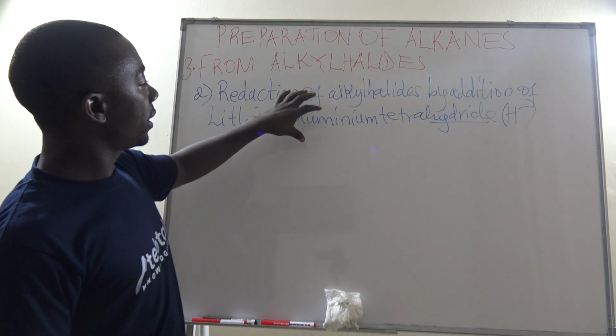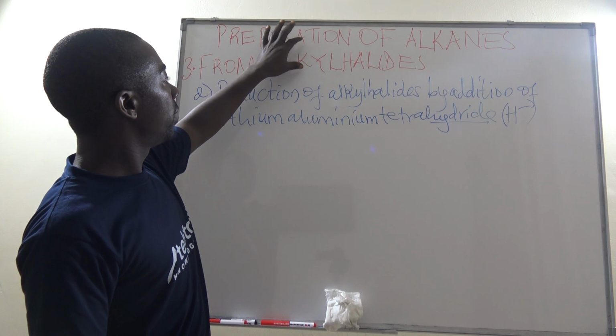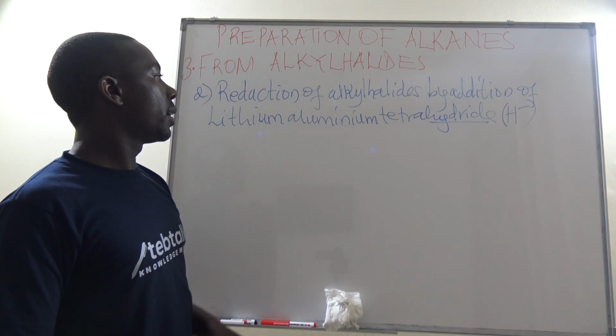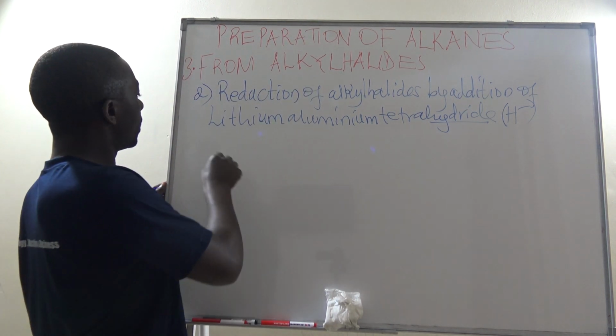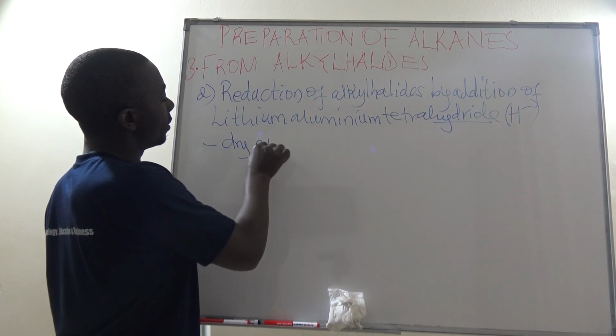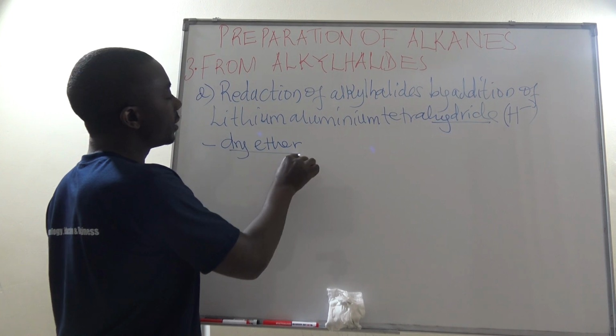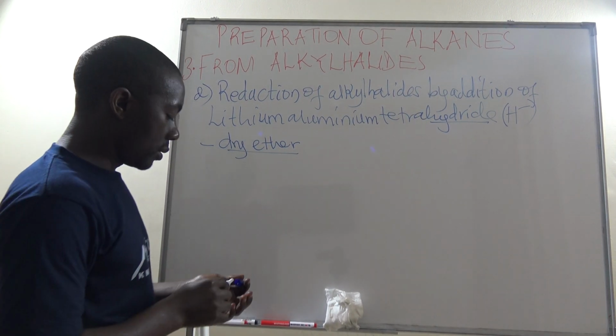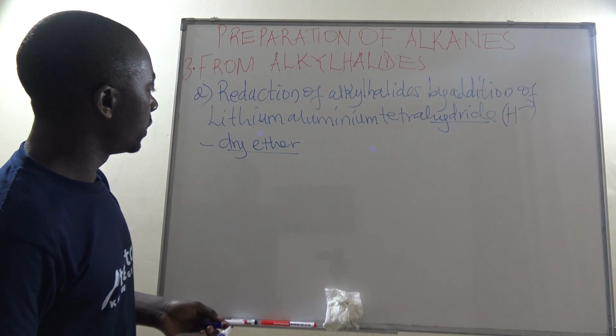So when we add this reagent to alkyl halides, it is able to reduce them, and then we obtain alkanes. That is strictly if added in the presence of dry ether. Dry ether is just like an activator of that reducing agent.